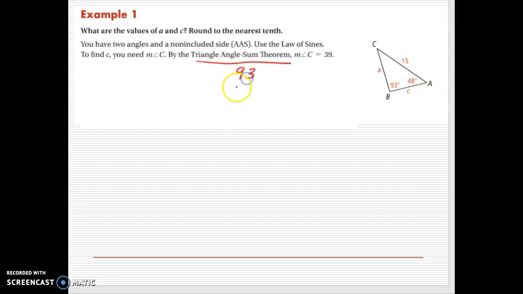So if you want to find all 3 angles, you add the 2 you've got, 141, and subtract it from 180 degrees, and you get 39 degrees. So this angle right here is 39. So you found all 3 angles just by using your triangle sum theorem. And that's what they tell you right there.